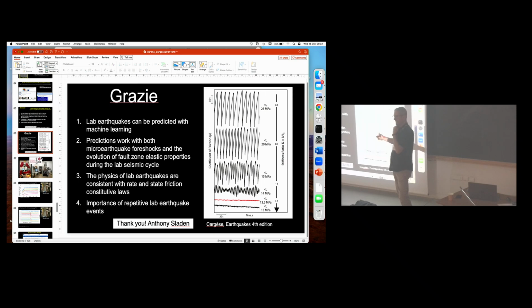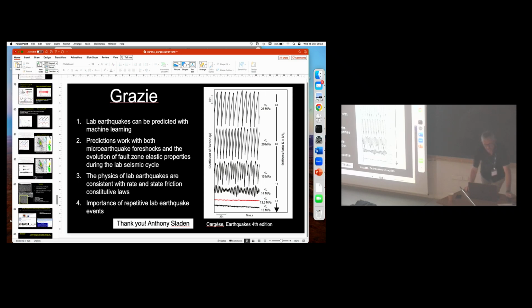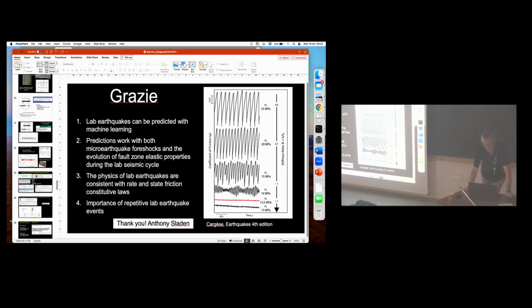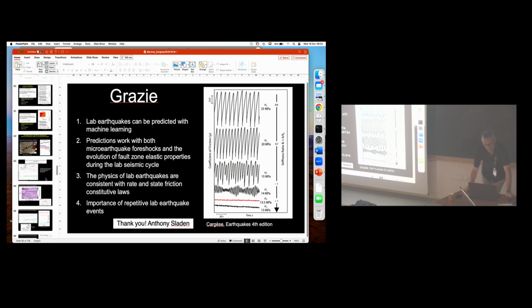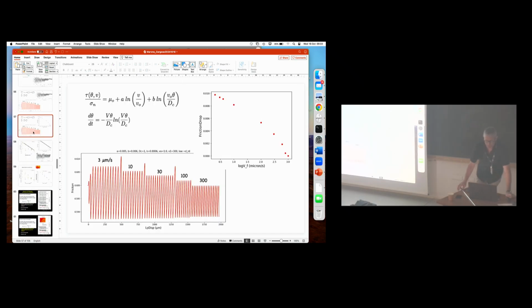But for this granular quartz material, b minus a depends on velocity, almost linearly with velocity. So in order to produce the simulations I showed you a minute or two ago, I have to make b minus a a function of velocity. It is log of velocity, because this is basically the log of velocity itself, but it goes from slightly velocity weakening here to slightly velocity strengthening there for one type of material.